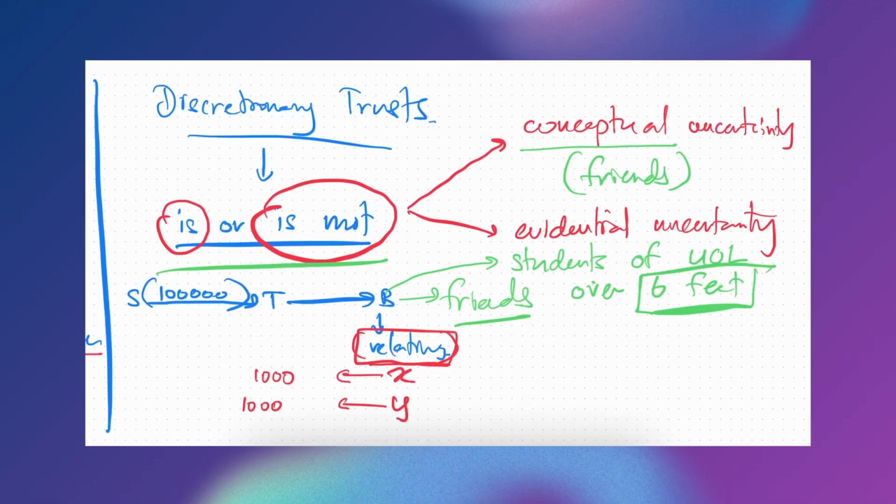Now, the problem might be that there is no way to know who these students who are over 6 feet tall are. Now, in that event, it is conceptually certain. There is no problem. We know exactly what the metric is to identify whether the person falls into this category or not. But the problem is there is no way to evidentially ascertain it. Therefore, the trust may suffer because there is evidential uncertainty.